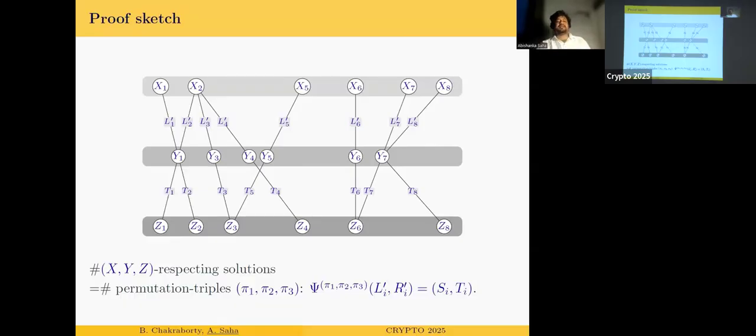Distinct vertices belonging to the same partition must not be assigned the same value. And we see that the number of XYZ respecting solutions is exactly equal to the number of permutation triples such that 3-round PLR with pi1, pi2, pi3 as the internal primitives gives the output Si, Ti on being input Li prime, Ri prime, which is exactly what we needed for the edge coefficient analysis.